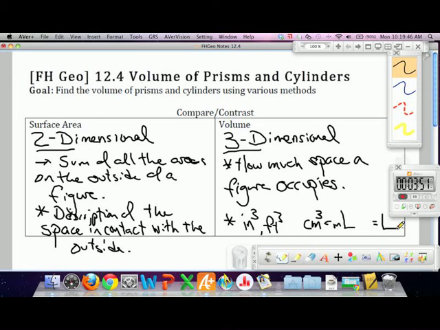Cubic meter? Cubic meter is like 80 million. In fact, it's 1,000 times bigger than a liter. Or decimeter, excuse me. A cubic decimeter is 1 liter.